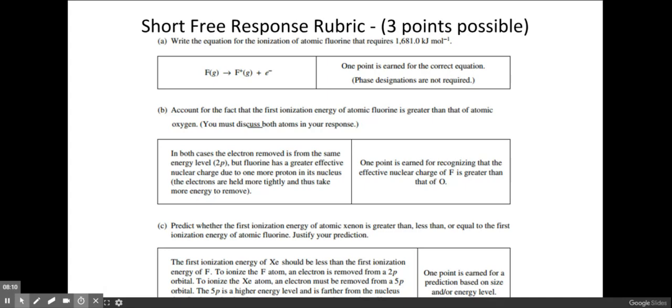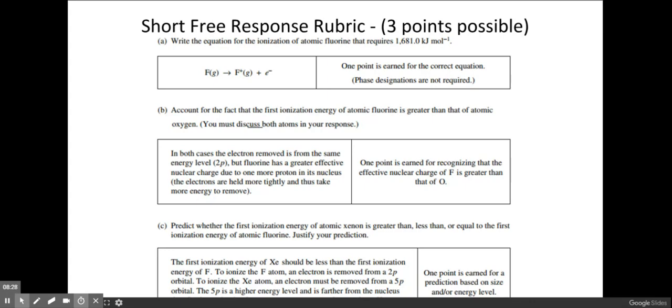You don't probably need to be so specific as to mention the energy level, sublevel, orbital, etc., like they did here in this answer. I think it's sufficient to say that xenon is in period 5, whereas fluorine is in period 2.